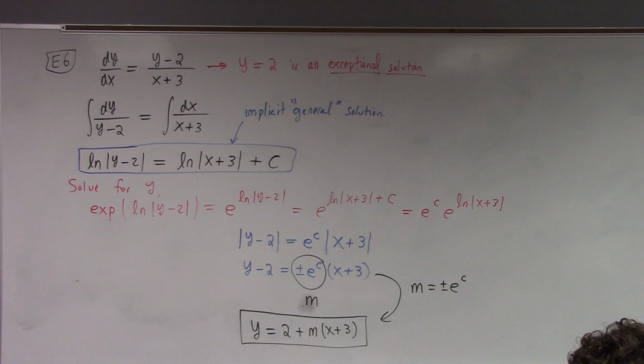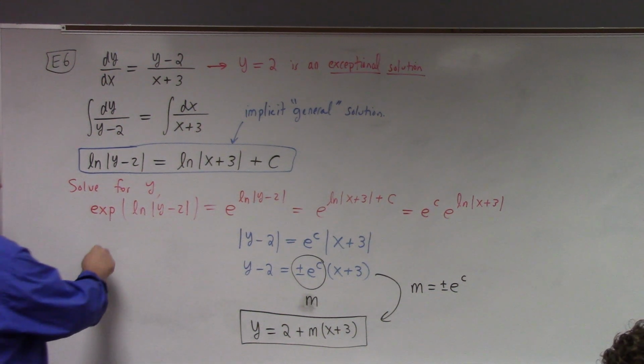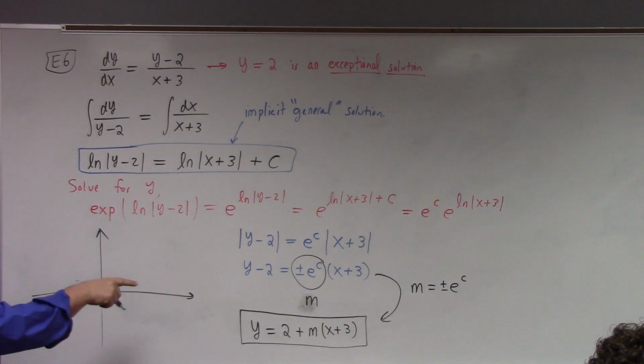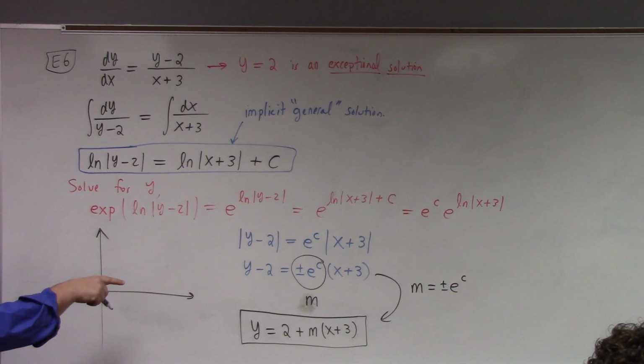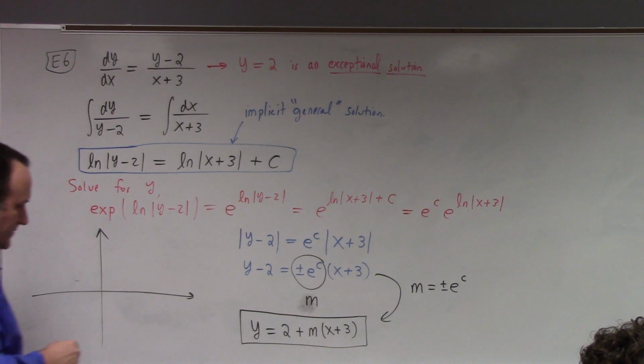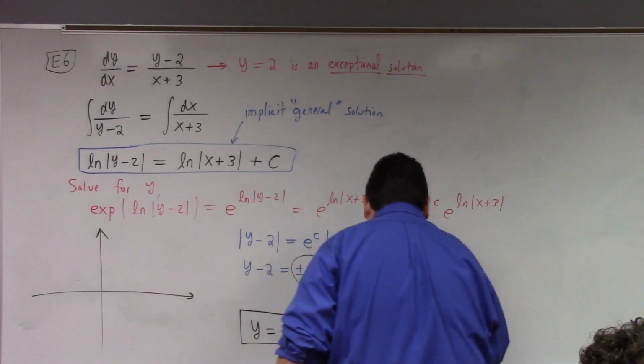So what do the solution curves look like for this one? We've got, they're lines through what point? Well, they all have a y-intercept of 2, that's true. And let's see here. They have the point what?